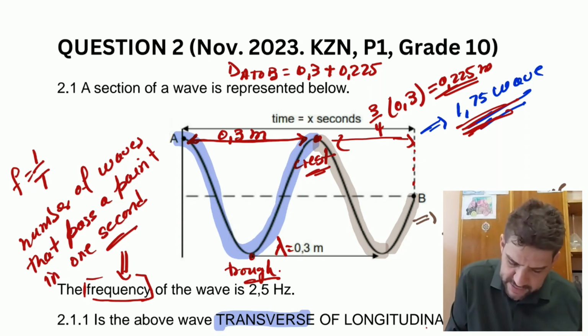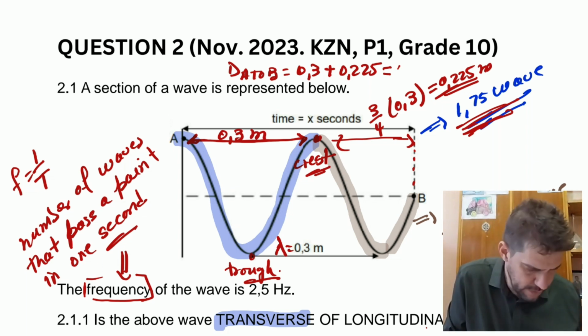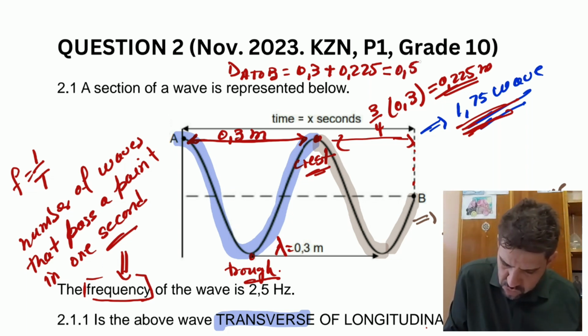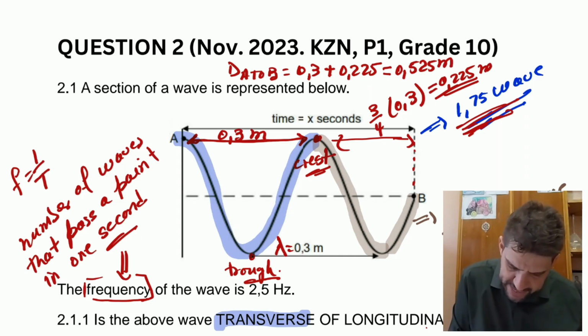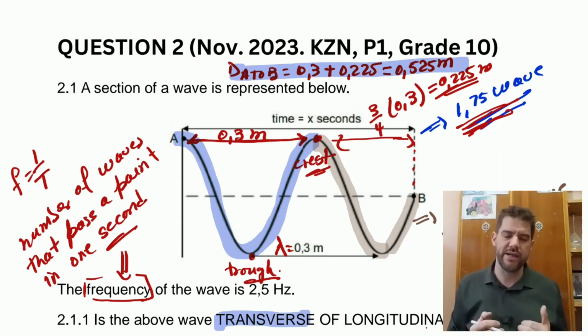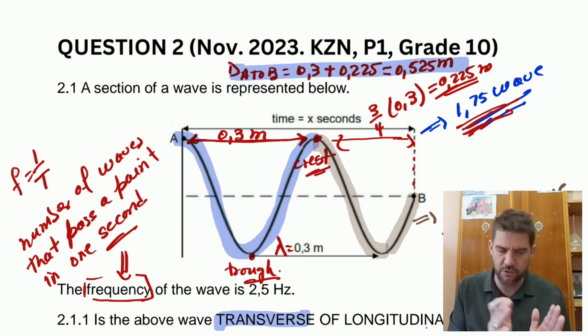All right, that is the distance, which is equal to 0.525 meters. I hope that is clear. It is tricky. My own learners struggle with that part, and they look at the memo quickly and ask where the 0.525 is coming from. So that is the distance from A to B.